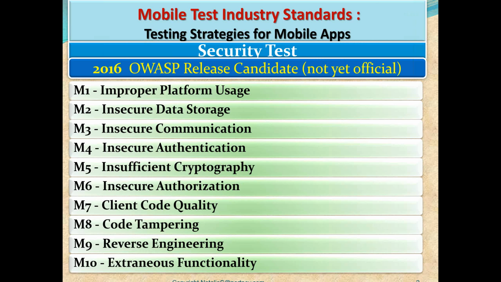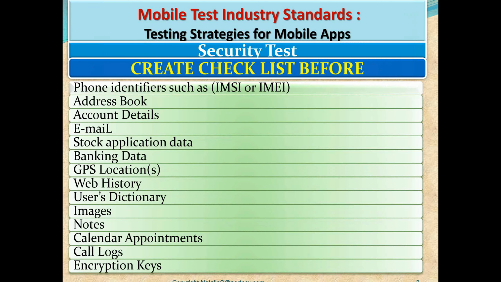So if they accidentally include it in the release, it could make your app vulnerable. So this is pretty much it about the new OWASP.